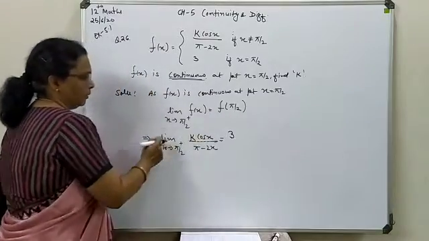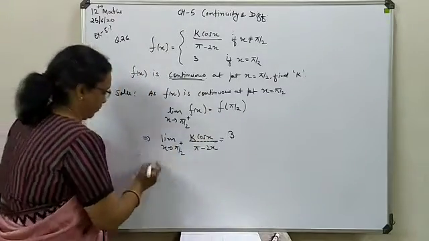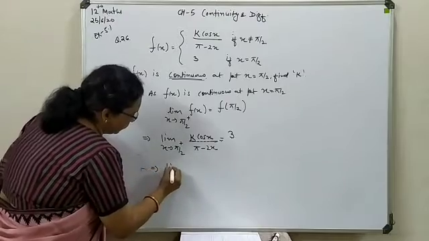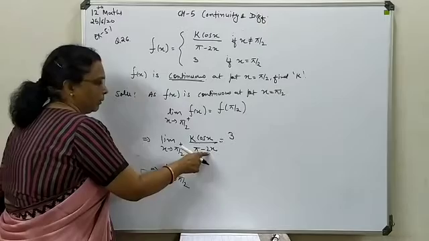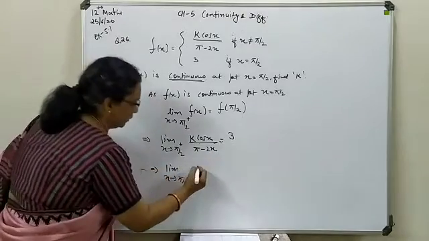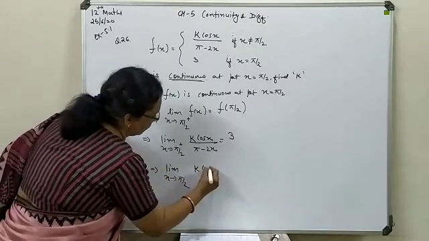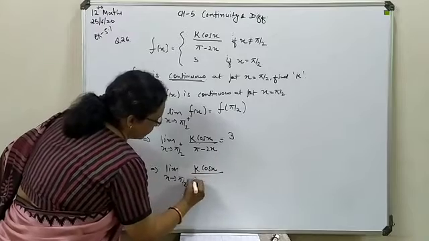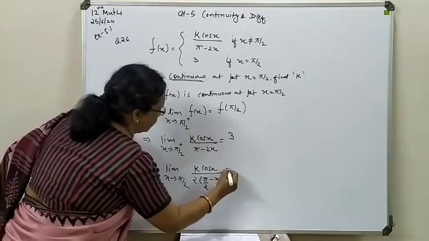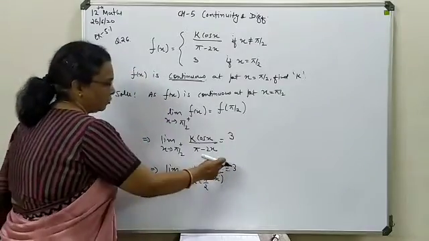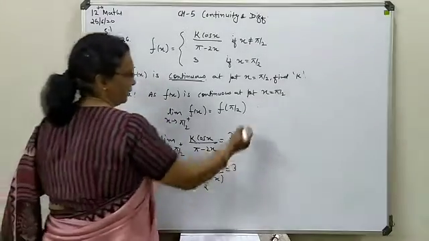Now we have to solve this combination. For that, first of all, from here we are going to take 2 common, so pi by 2 minus x. This is 3. Multiply this 2 over here for further solution.